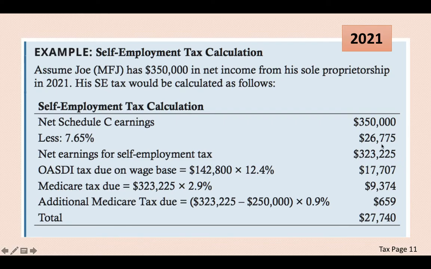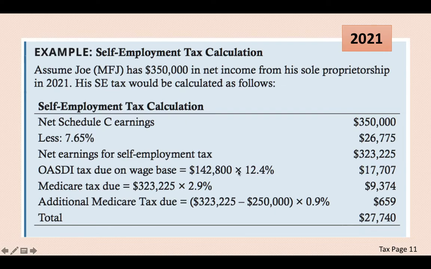This is your SE tax base, the net earnings for self-employment tax purposes. However, this amount is above 142,800, which is the Social Security cap.